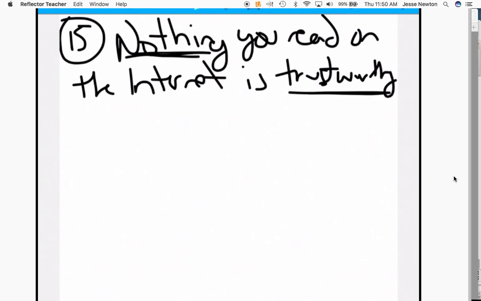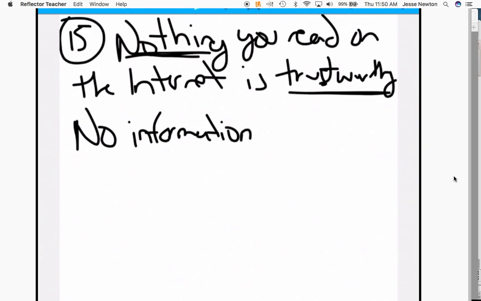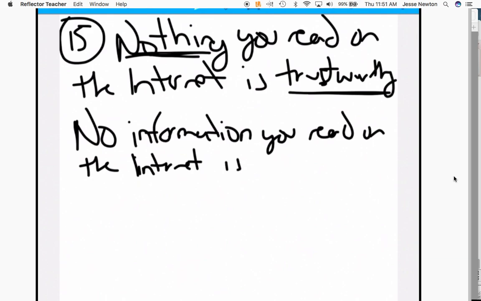So what we're going to have to do is say no, and I'm using the word information. You could have used a different word. No information you read on the internet is trustworthy information.